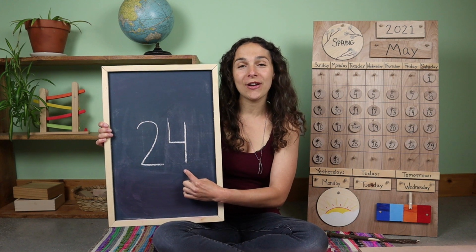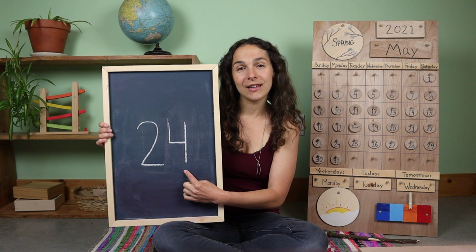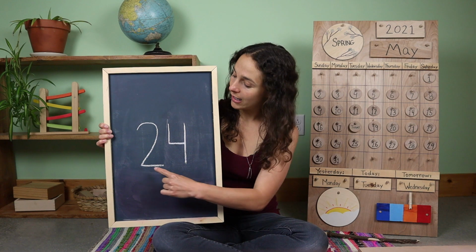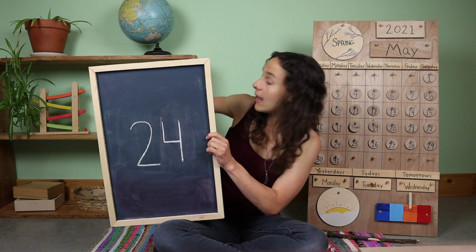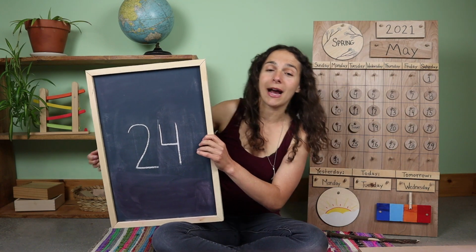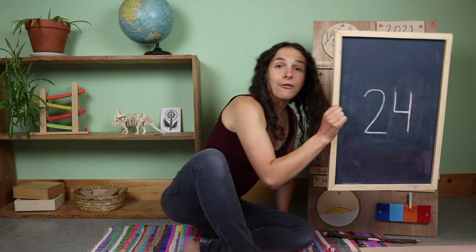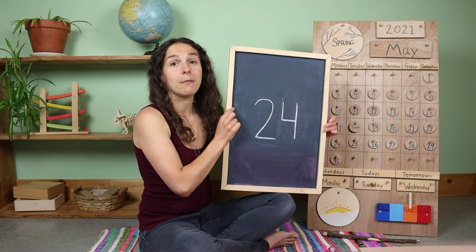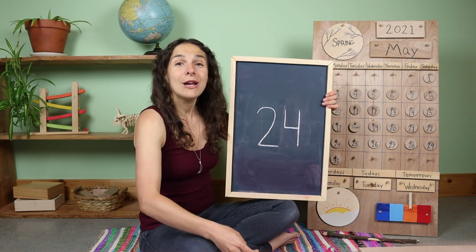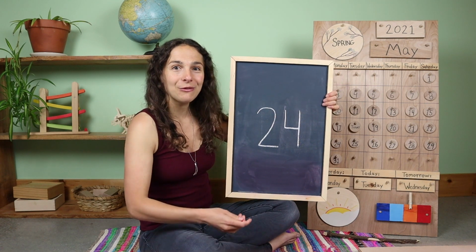Will you show me with your fingers what number this is? 4. 2, 4. 24. I'm going to grab my piece of chalk behind me, and you can find something to write with so that we can draw 24 tally marks together. But if not, we can just count them together. Are you ready?